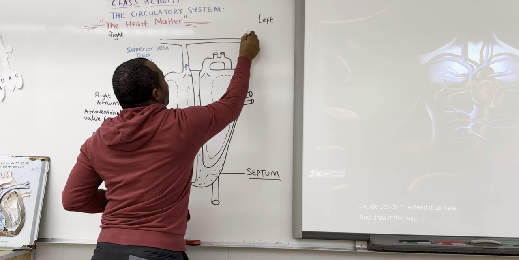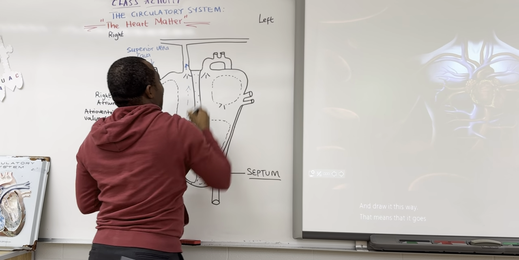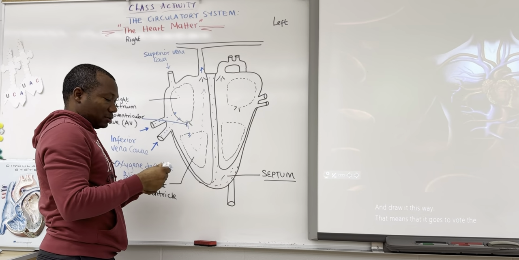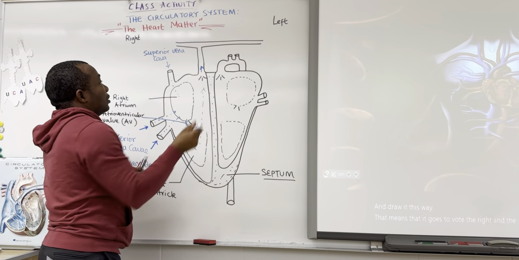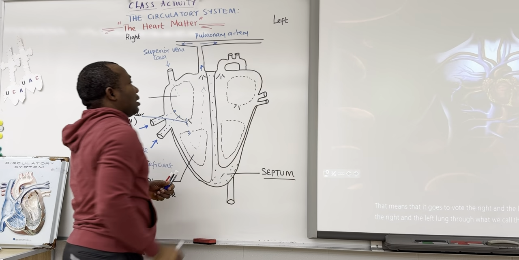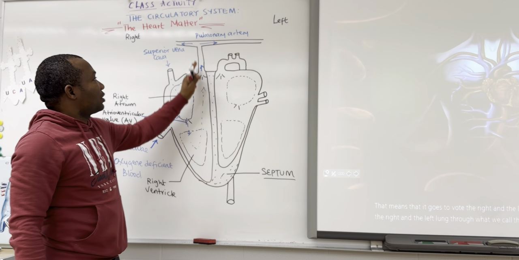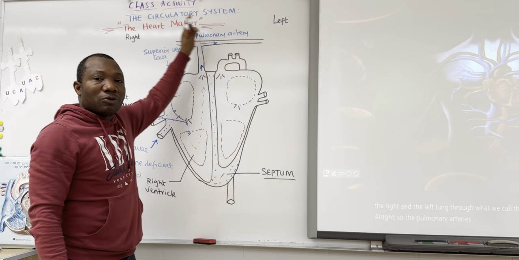That means that it goes to both the right and the left lung. So the blood gets supplied to the right and the left lung through what we call the pulmonary artery. So the pulmonary artery supplies the blood to the left and the right lung.